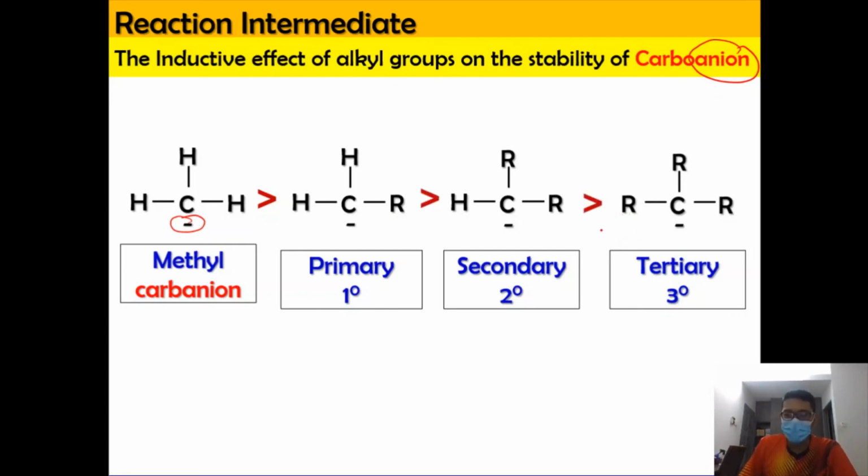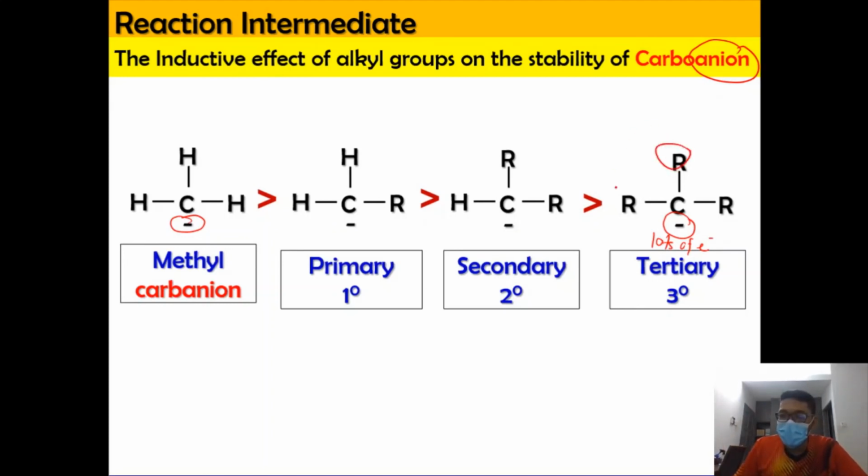Okay, this is because the tertiary carbanion here already has lots of electrons. That is why it carries a negative charge, and it does not need any more electrons. It needs to release them in order to be stable.